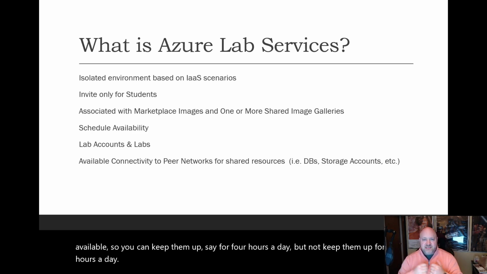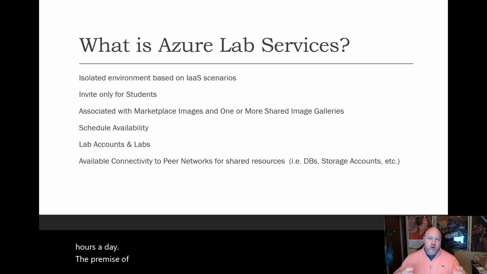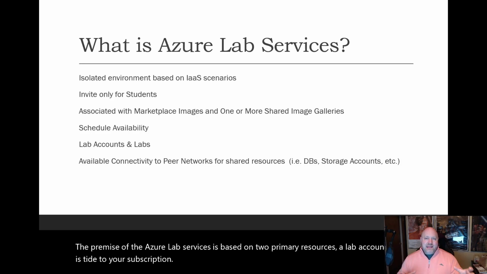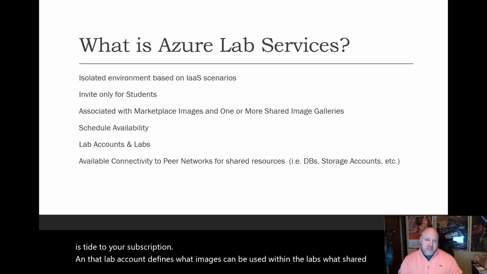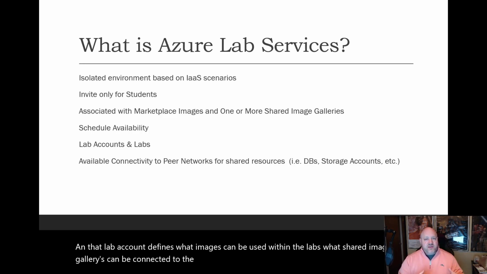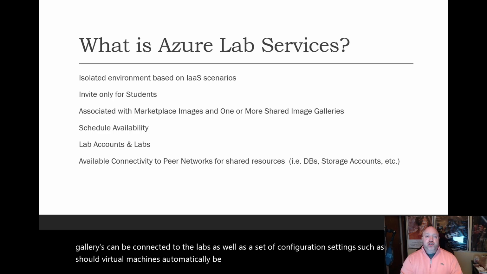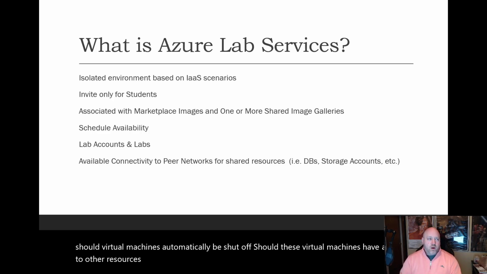The premise of Azure Lab Services is based on two primary resources: a lab account, which is tied to your subscription, and that lab account defines what images can be used within the labs, what shared image galleries can be connected to the labs, as well as a set of configuration settings such as when should virtual machines automatically be shut off, and should these virtual machines have access to other resources in another virtual network, such as a database or a storage account.